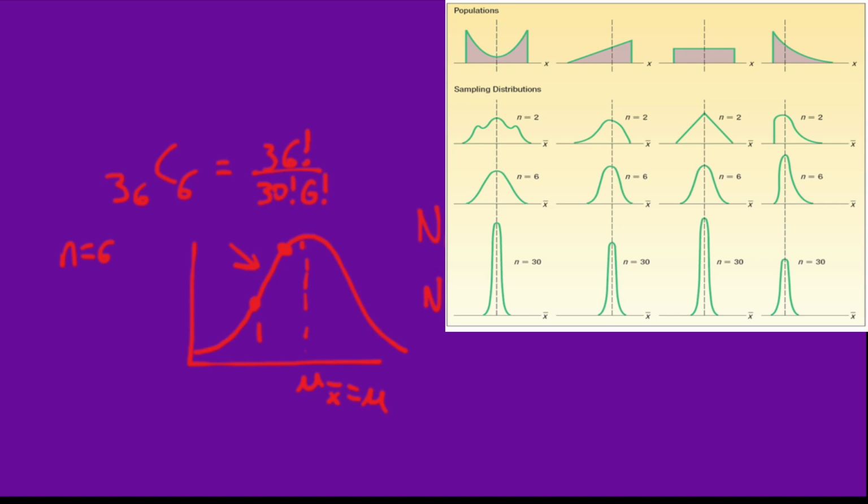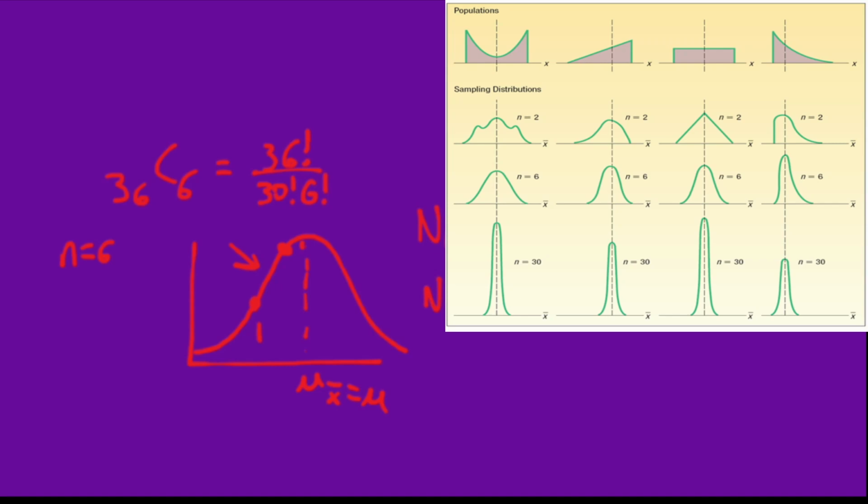And again, we see samples with much larger values than that as well. So think about polling data. We've got hundreds, if not thousands, of phone calls or contacts made. The other thing I would note is that if we look from n equals 6 to n equals 30 on all of these, the distribution gets tighter, right?